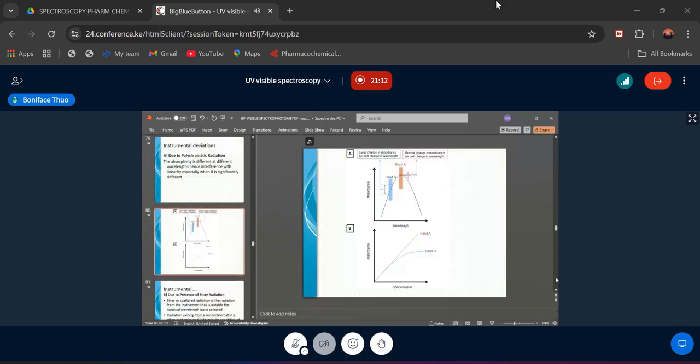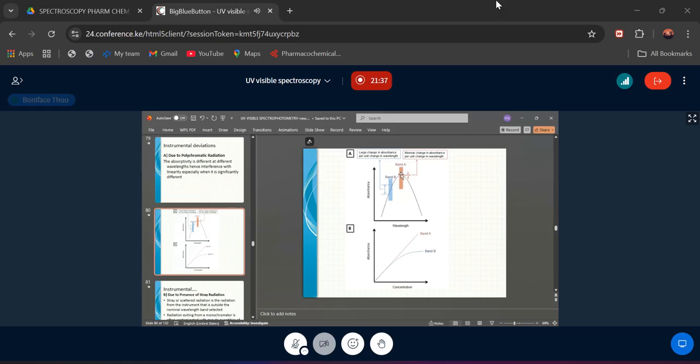To view this in a graphical way, if you were to plot the absorbance of a substance, you find a peak, and the wavelength where the compound absorbs maximally is known as the lambda max.